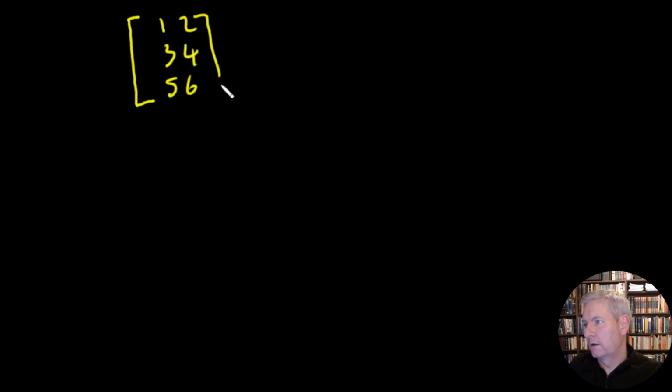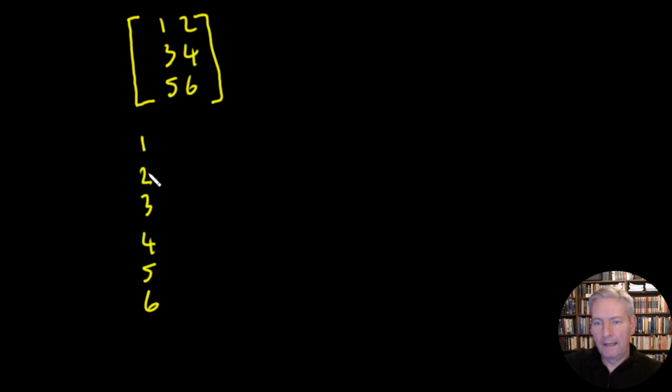So let's look and see by an example how the actual algorithm is going to work in order to transpose. So let's say we start off with the matrix 1, 2, 3, 4, 5 and 6. Now the way this matrix is stored in memory is just in consecutive locations, so it's 1, 2, 3, 4, 5 and 6.